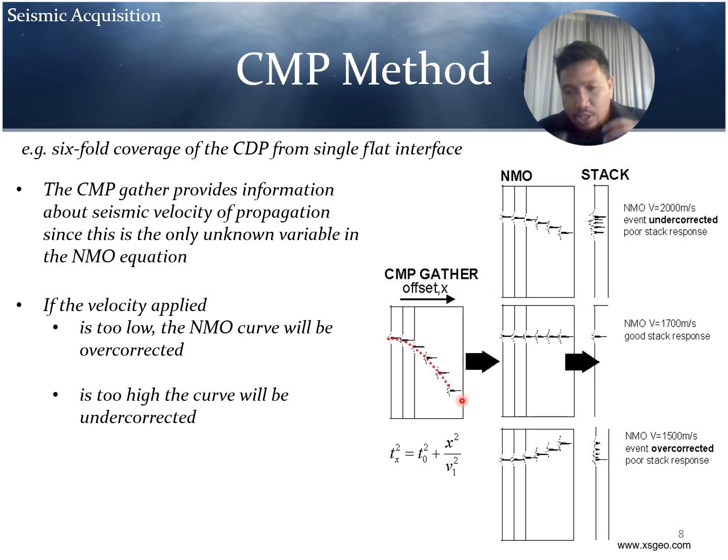This usually occurs when an excessively high assumed NMO velocity is utilized for the adjustment. So instead of going with a flat strata, they are overcorrected. Overcorrected meaning that it is moving above the straight line when we apply the NMO velocity adjustment.